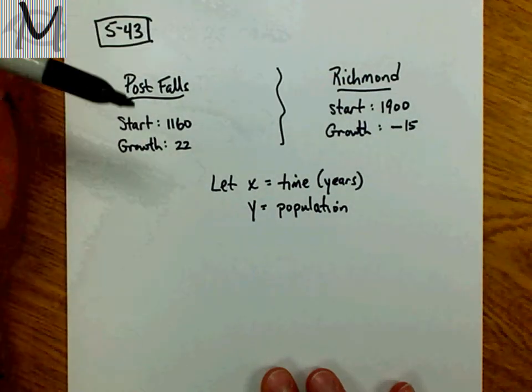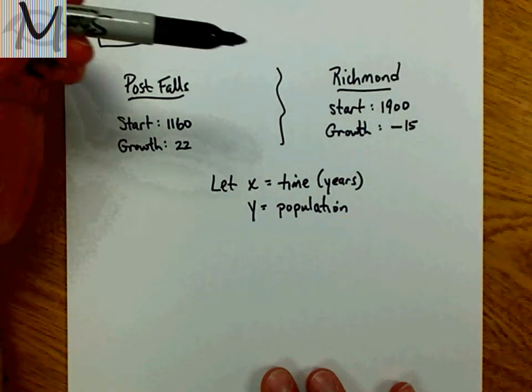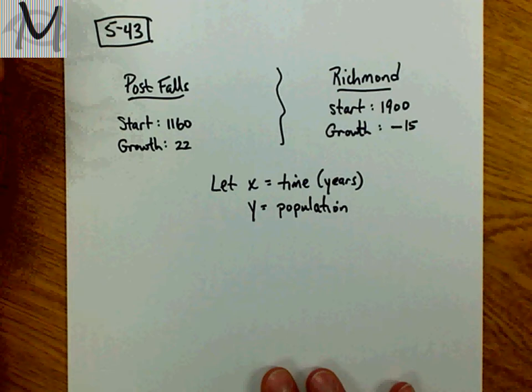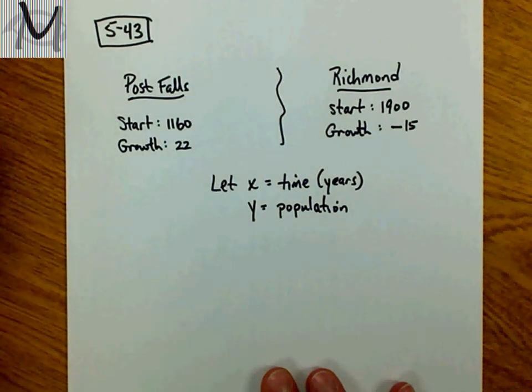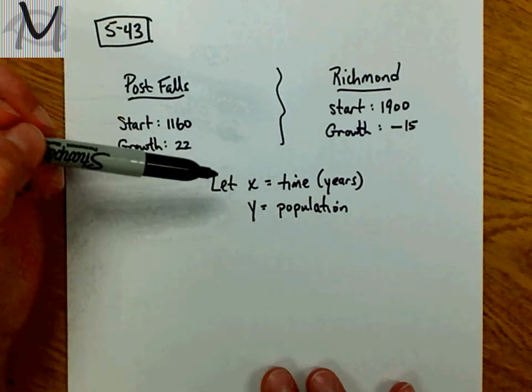So the question and the goal is, how long will it take for both high schools to have the same number of students, and how many students will that be when it happens? First things first, we want to define variables.